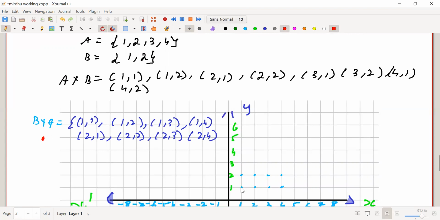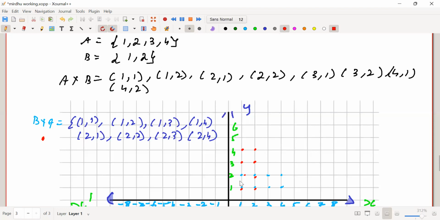(1,1), again this is same. Right, this is same, (1,1). Then (1,2) is also same. (1,3), (1,4). Then (2,1) is same here itself. Then (2,2) is same. (2,3), (2,4).